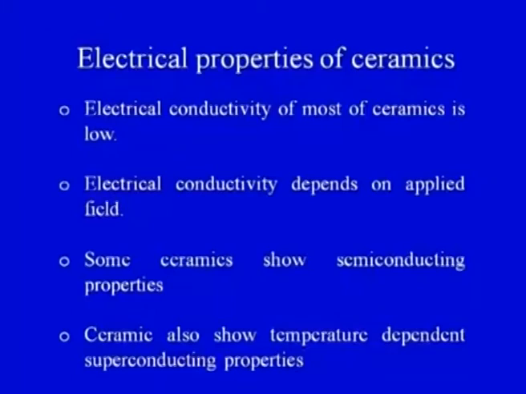We have seen silicates, non-oxides, oxides and glass ceramics. Within each we have a large number of further categories of ceramics. So some of the ceramics show semiconducting properties, and ceramics also show temperature dependent superconducting properties.